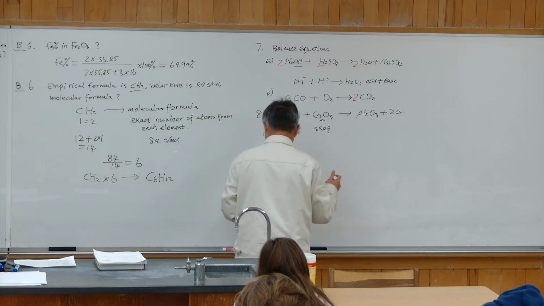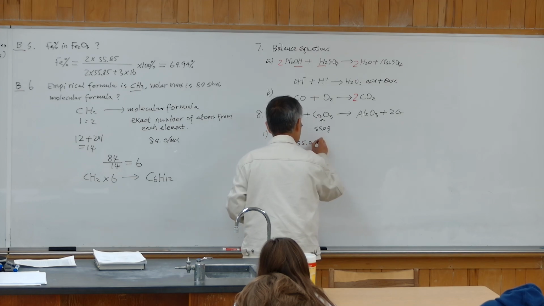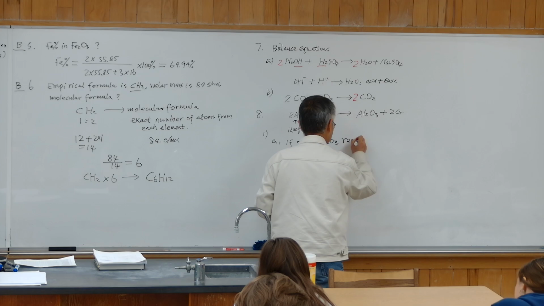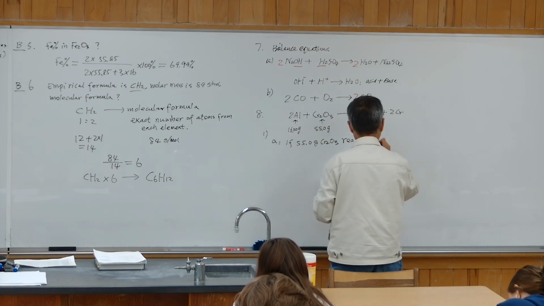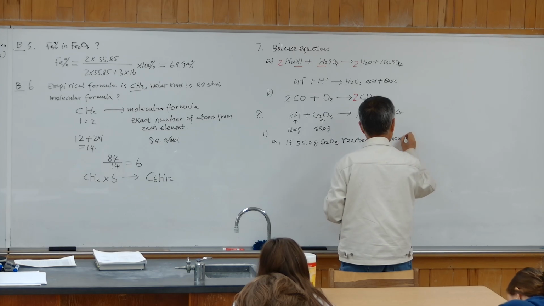Your answer will be the same. So the idea is if 55 grams Cr2O3 all reacted, we can find how much Al is needed.